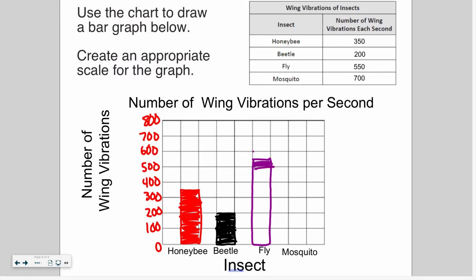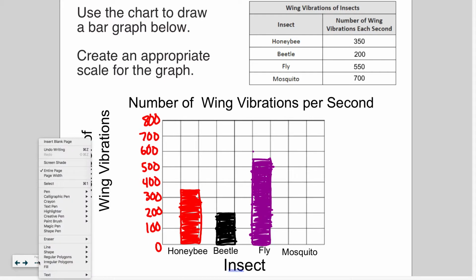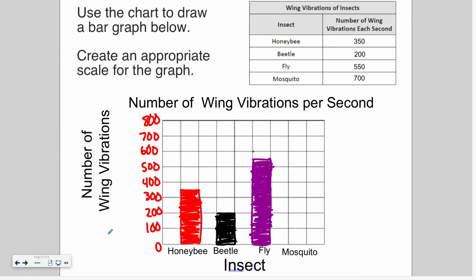Shade that in. And then I have 700 for the mosquito. So 700 is all the way up here. Shade all this in.